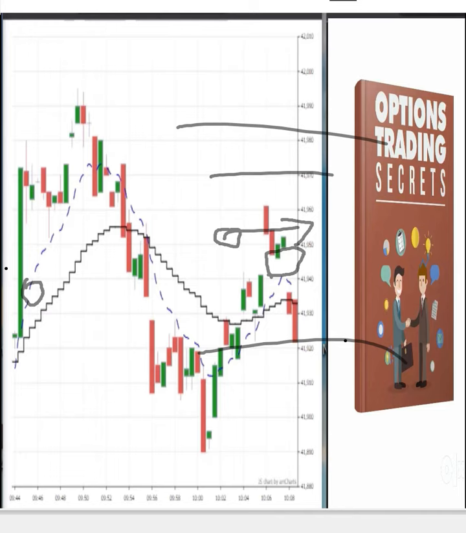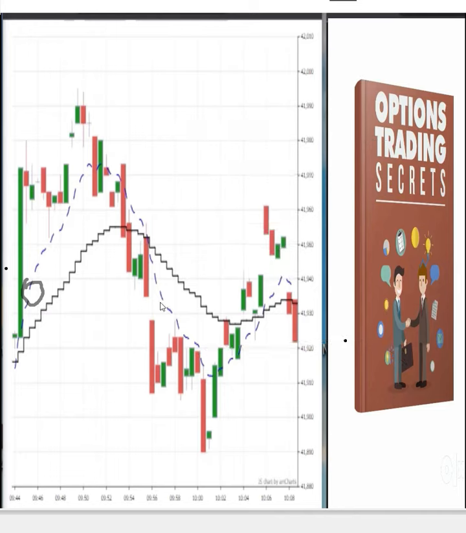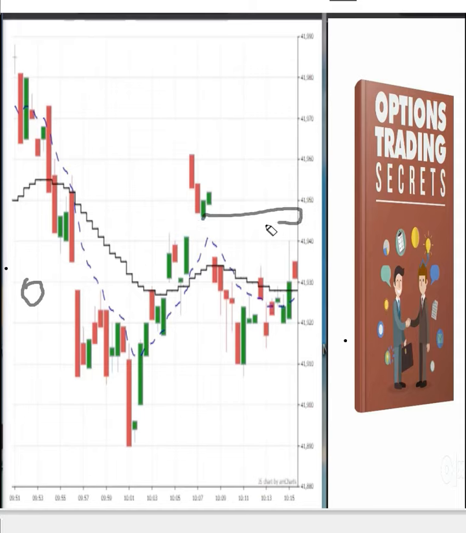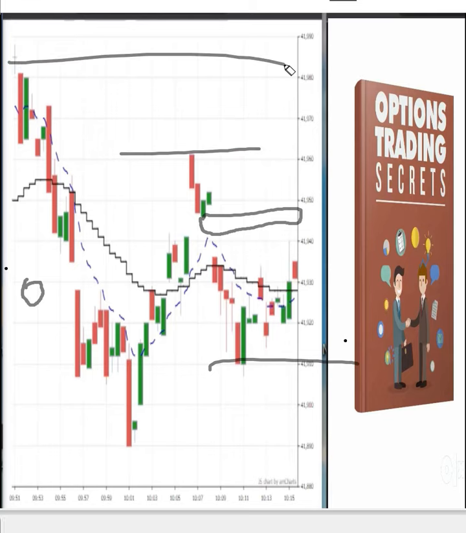Now I'm removing this drawing. Now can you see a gap down? Can you see this gap down? So what is our requirement? In this area we need a bull candle or a bear candle. If it is a bear candle, then this is our target. If it is a bull candle, this is our T1 and this is our T2.